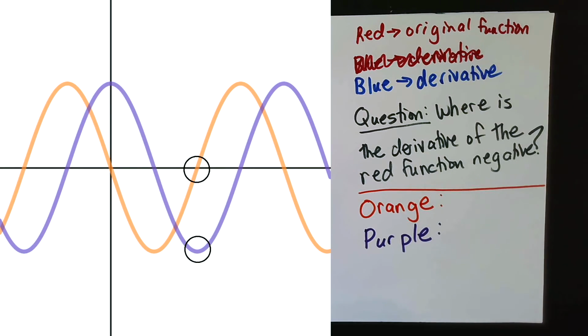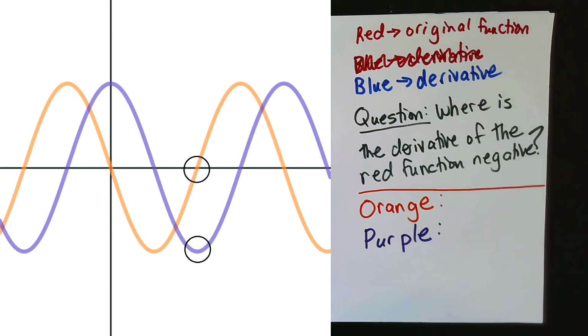And so it's a natural thing when presented with this question to look at where the tangent lines to one of the graphs are horizontal and see whether the other graph is 0 there or not. So here, for example, I have circled for you a spot on the purple graph where the tangent line is horizontal. That is, at this point, the derivative to the purple graph is 0.